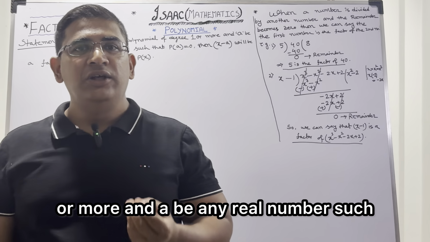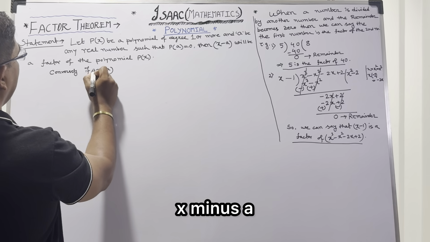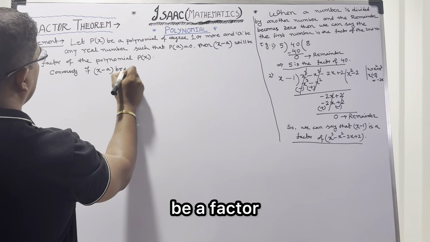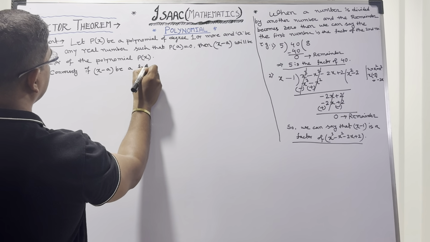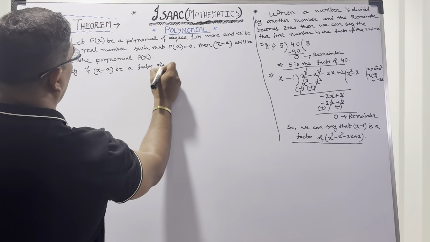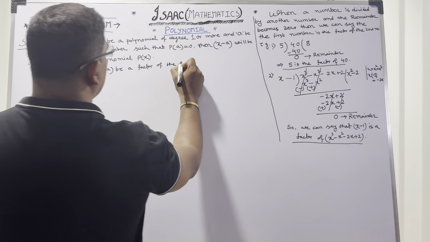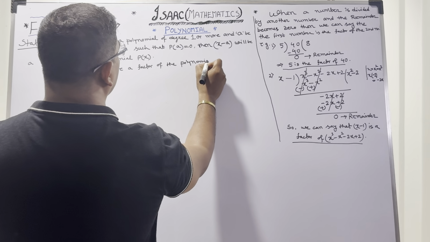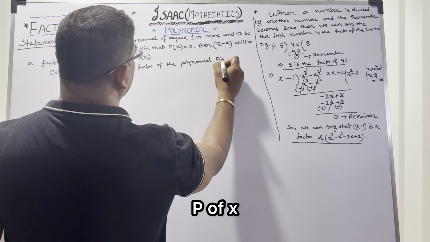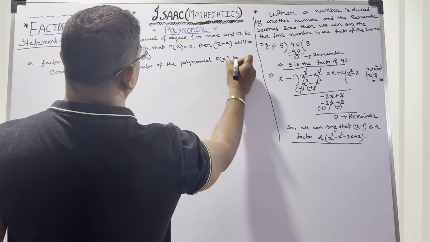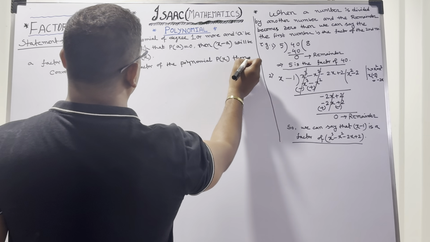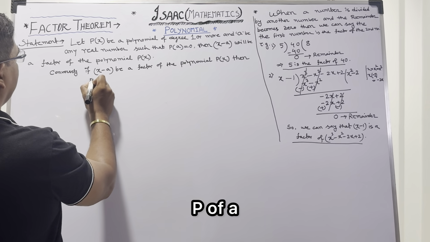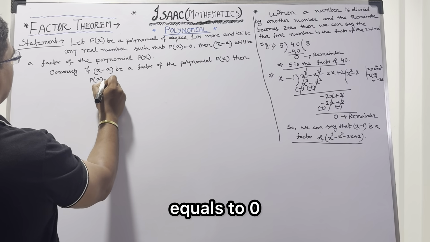Conversely, if x minus a be a factor of the polynomial p of x, then p of a equals to 0.